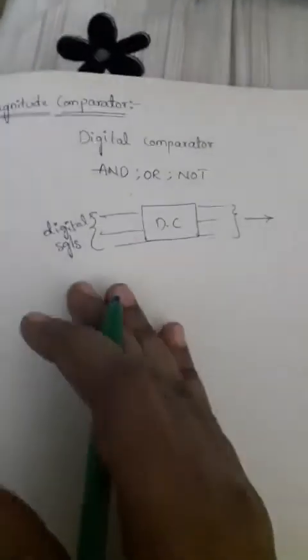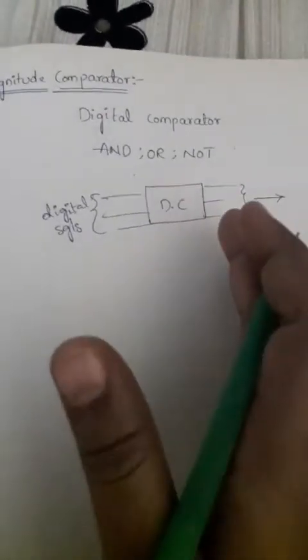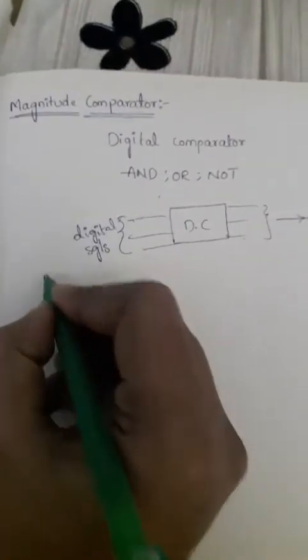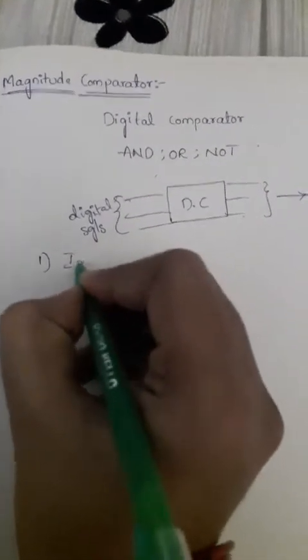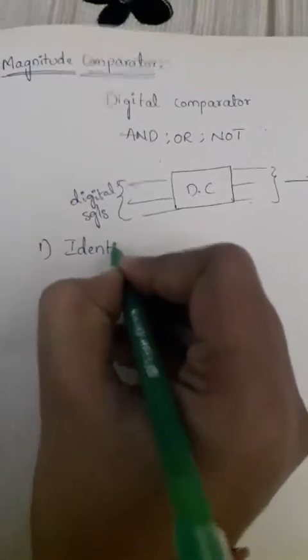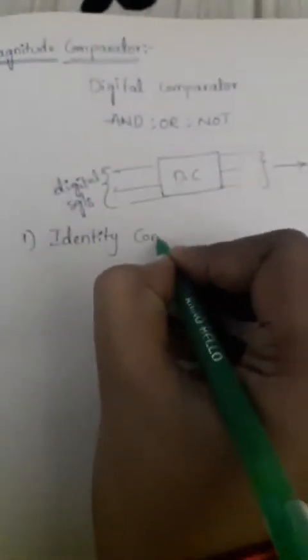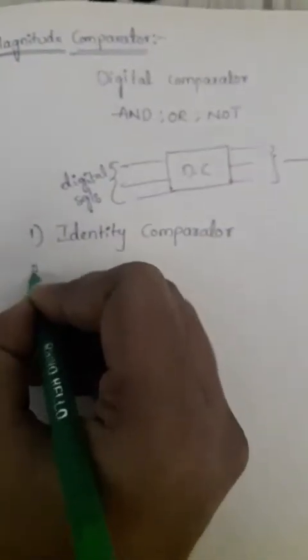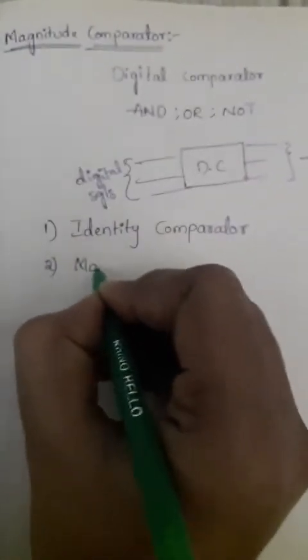Digital comparators are classified into two types. The first one we can call an identity comparator, and the second one is a magnitude comparator.